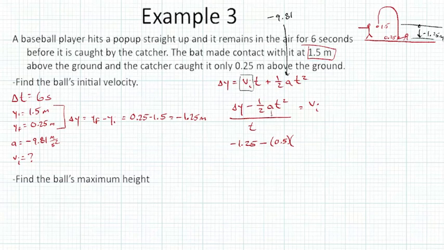Well, remember, we didn't change anything about the sign of a, so that has to be negative 9.81 meters per second squared, even though I'm not writing it in, times our time squared. What's our time? It's 6 seconds. So that's 6 squared. All that over our time, which is 6. That's our VI, our initial velocity. So what do we get when we calculate all that out?